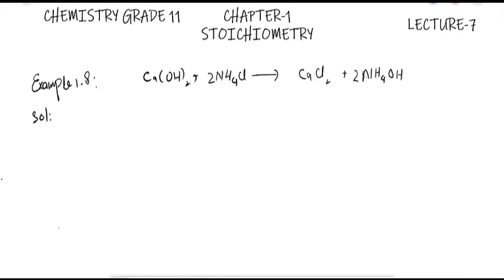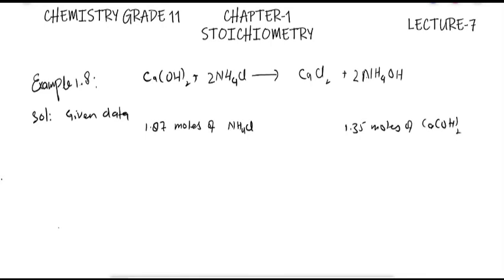So what we are given is the amount of ammonium chloride and the amount of calcium hydroxide. So we have 1.87 moles of ammonium chloride, and we have 1.35 moles of calcium hydroxide.